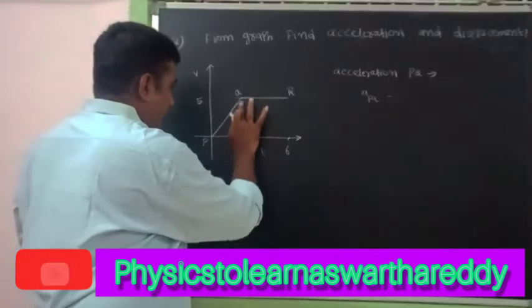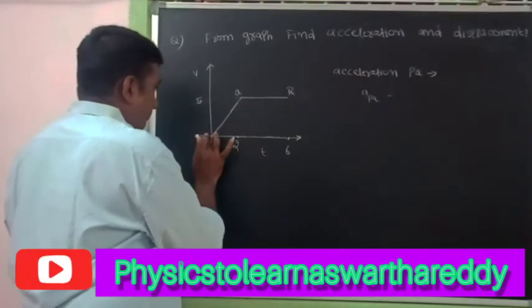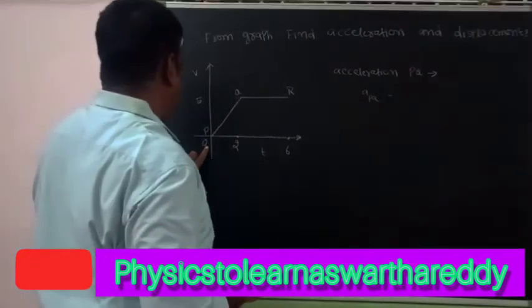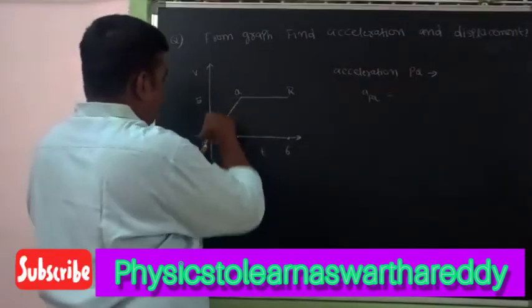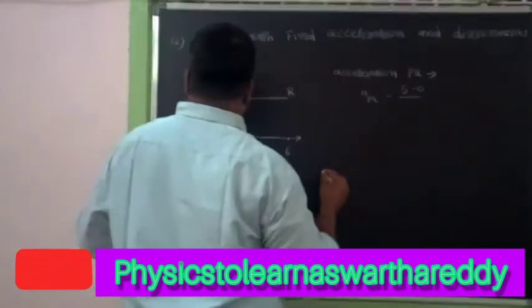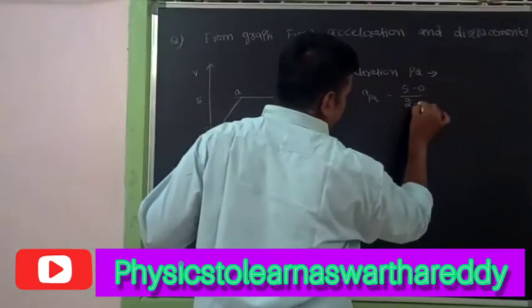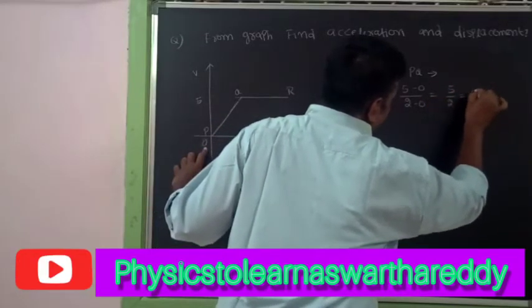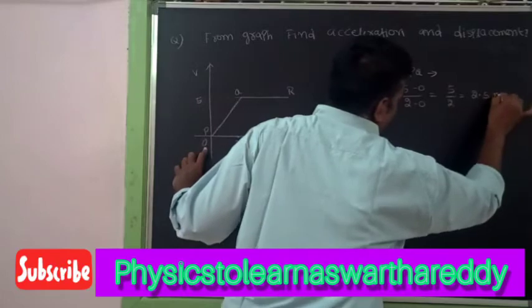With the help of this, taking P as the origin, 0, velocity is 5 minus 0 by 2 minus 0, which is 5 by 2, which is 2.5 meters per second square.